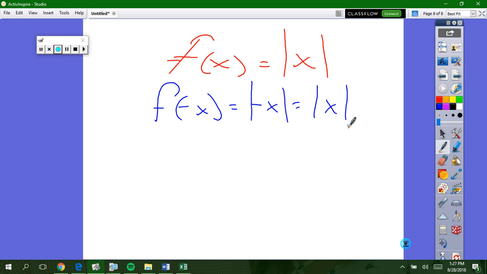I want to get a little harder and just ask you a question. So is this even or odd? Even, because it comes back exactly what we had, right? Talk about an x squared graph, which looks like this. Okay, absolute value graph, which looks like this.